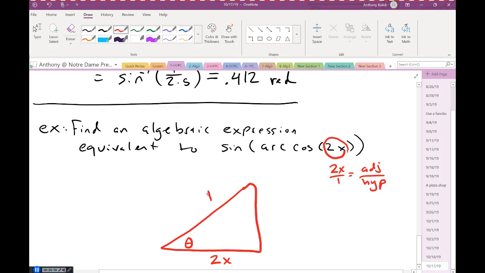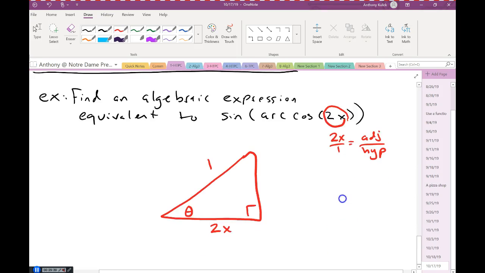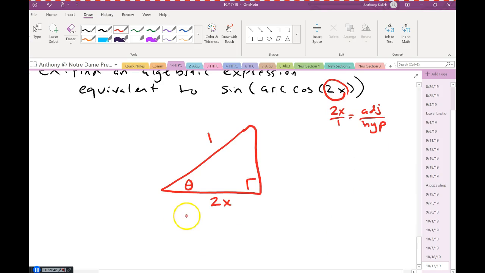So I know that cosine is adjacent over hypotenuse. So I can build this much of a right triangle. Everybody agree with that? How can I find that third side of the right triangle? Pythagorean Theorem. So I can have 2x squared plus, let's just call this y for the side, equals 1 squared.